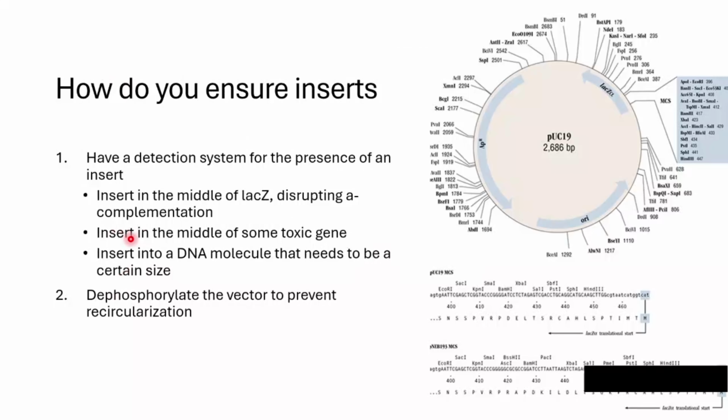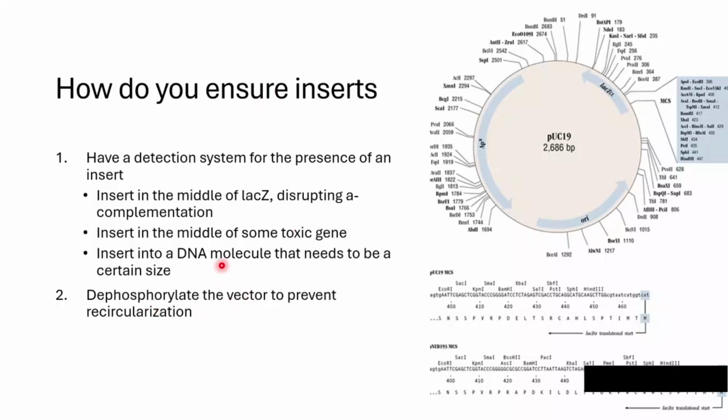Okay, so let's start answering a little bit those questions, and some of them that I did not mention. Alex has mentioned this one here. If you want to ensure that you have inserts and to avoid that your plasmid closes back on itself, what you can do is use some kits that will just do a dephosphorylation.